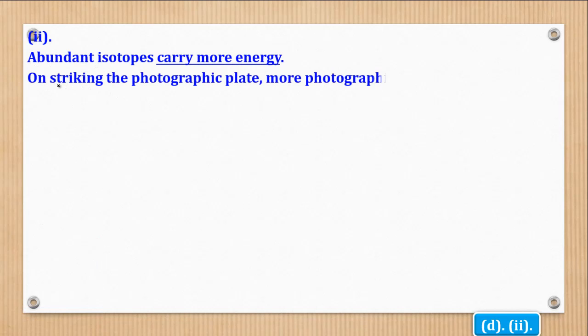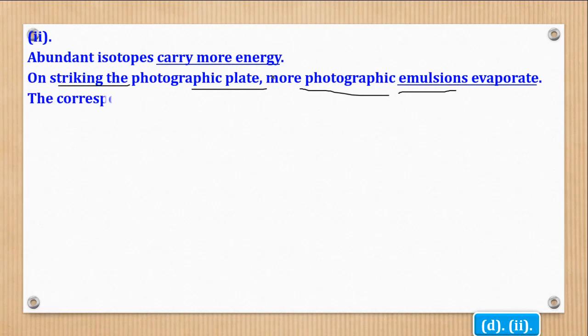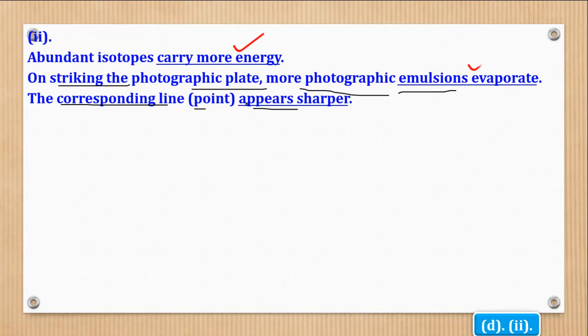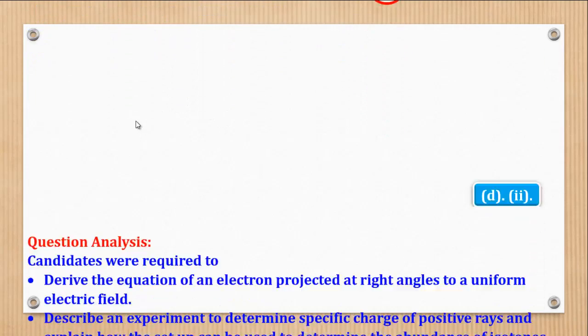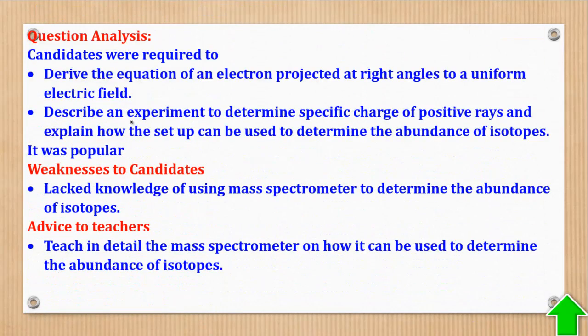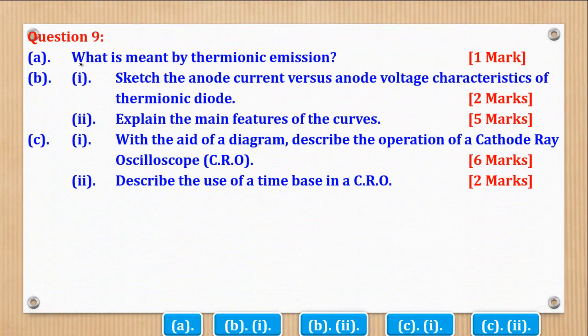So therefore, on striking the photographic plate, more photographic emulsions evaporate, the corresponding line or point appears sharper, and that is how they are detected. So that's the report. Now I shall go to question 9. Question 9, part A says, what is meant by thermionic emission?